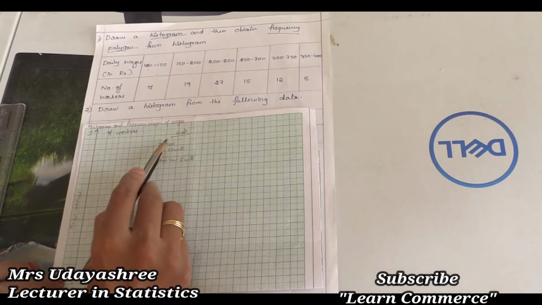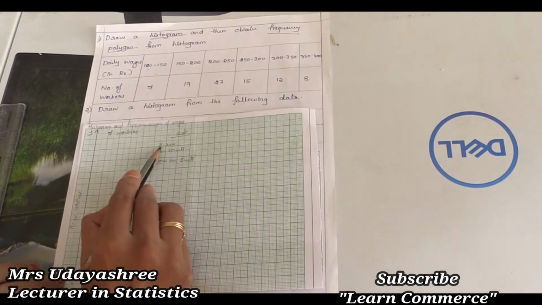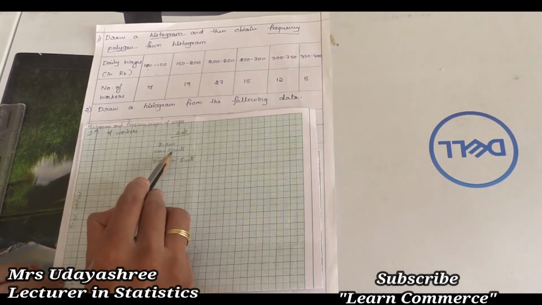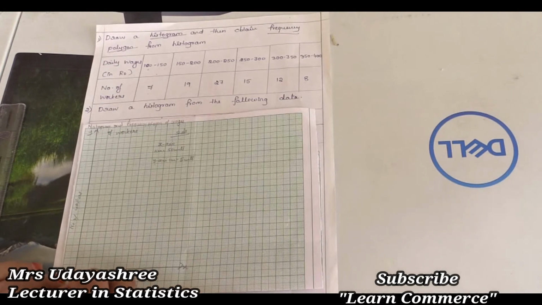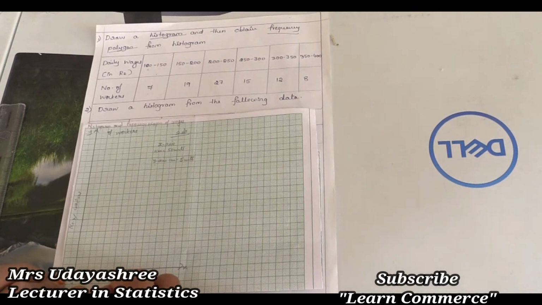For the x-axis, 1 centimeter equals 50 units, so I will take 100 only: 100, 150, 200, 250, 300, 350 and 400.